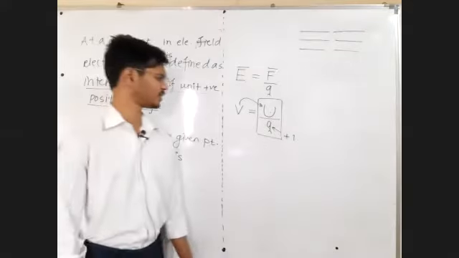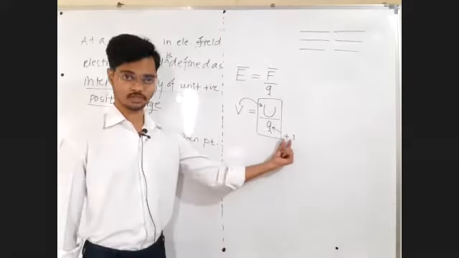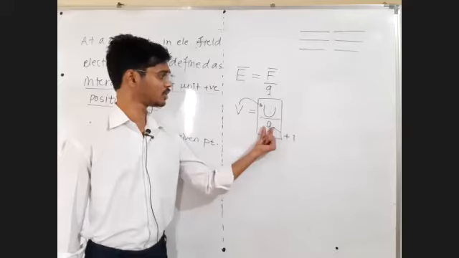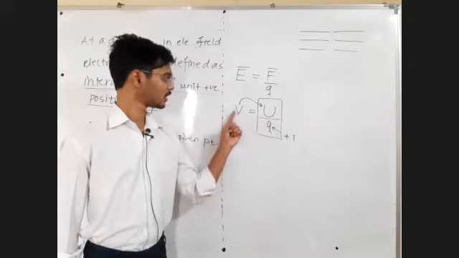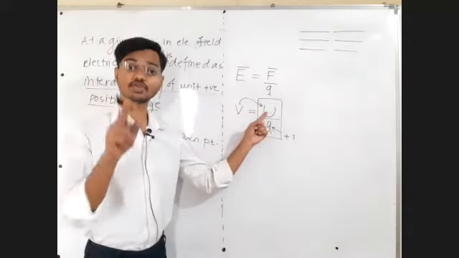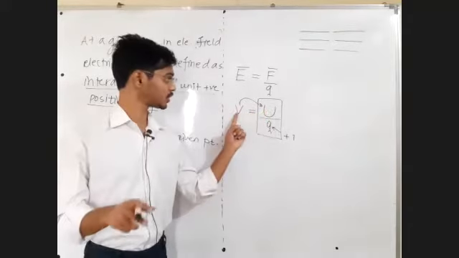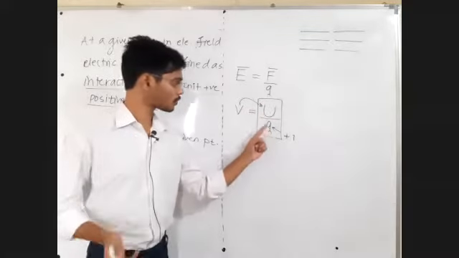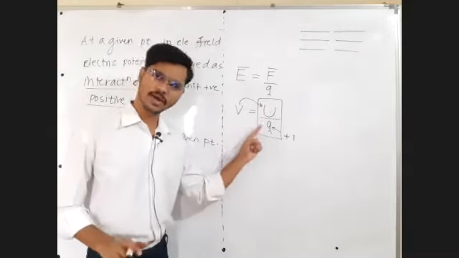Therefore, generally in the definitions people use unit positive charge. When divided by charge, they say unit positive charge. Why? Because it becomes very easy to define. Electric potential is electric potential energy of whom? Of unit positive charge, meaning divided by charge.